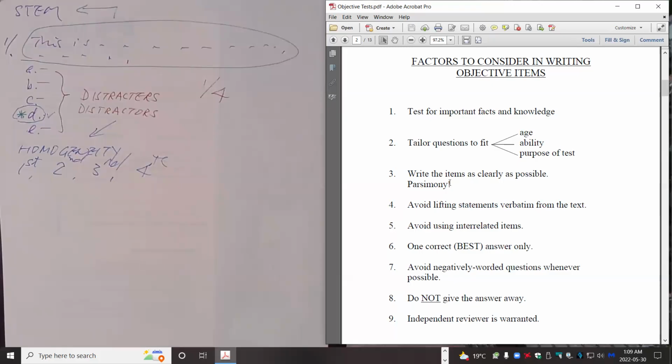Now, to improve clarity, use good grammar and good sentence structure, and as advice here, use short and simple sentences if possible.